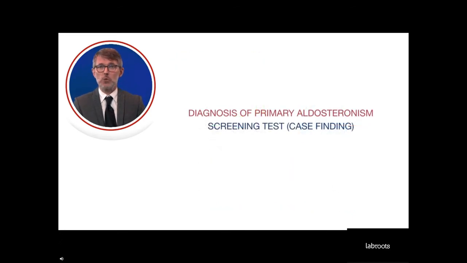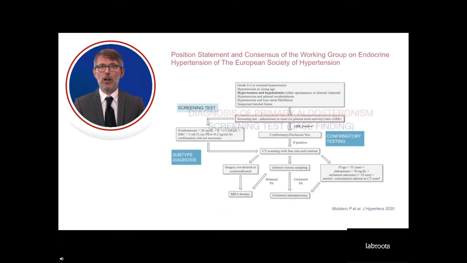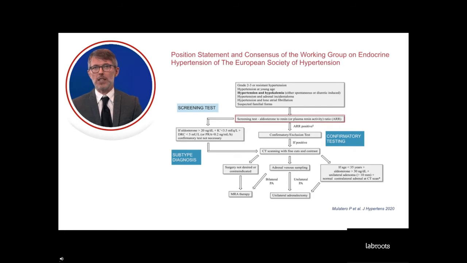So which test should we perform? Everybody accepts that the best test is the measurement of the aldosterone-renin ratio. And this should be measured in all the patients we suggested in the consensus. And we should choose a cutoff for positivity that is different from the cutoff suggested by the Endocrine Society Guidelines.